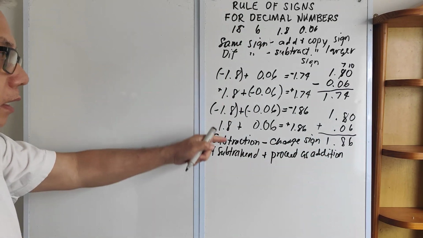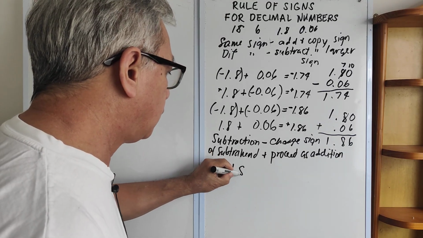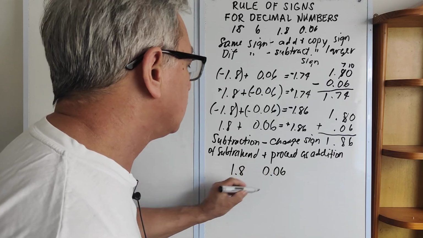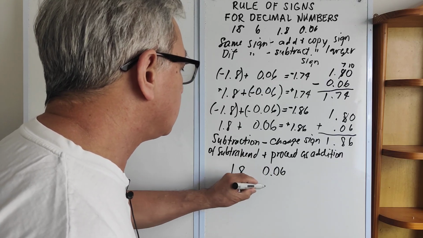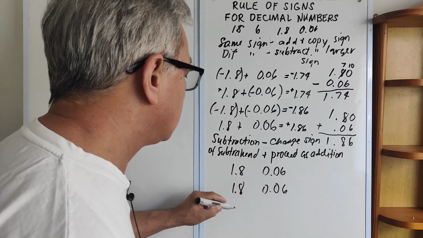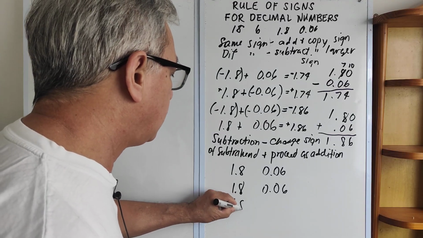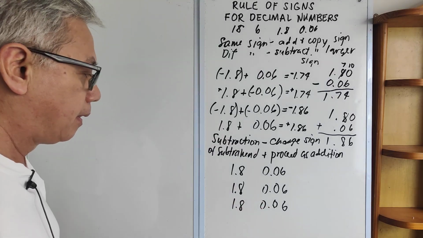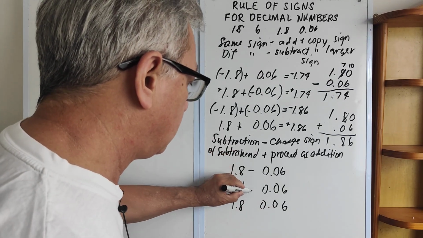So we write the same numbers, 1.8 and 0.06, 1.8, 0.06, 1.8, 0.06. So this is subtraction.